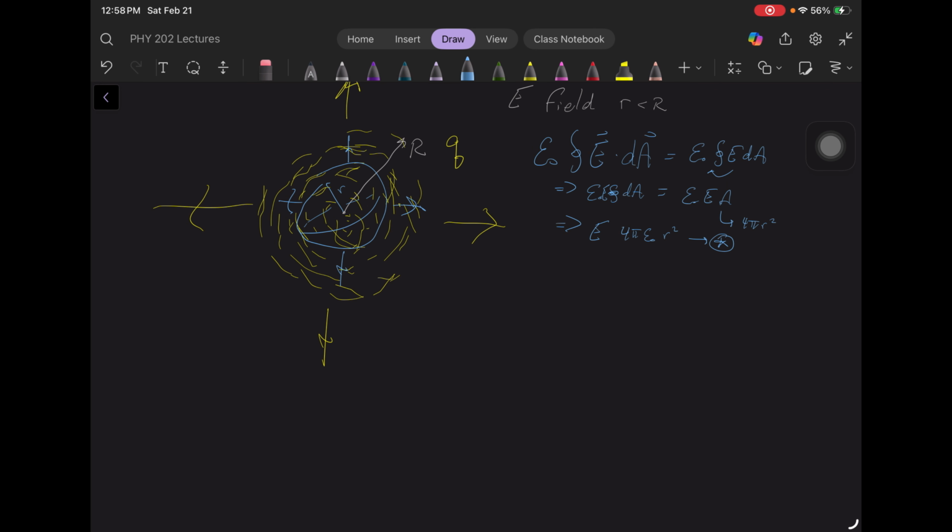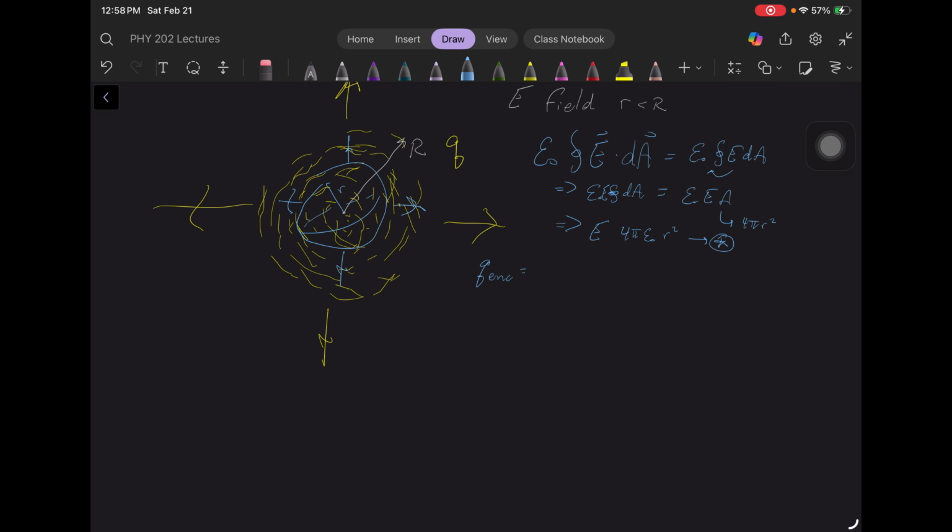Shouldn't be too shocking of a result, right? It should be a little familiar at this point. And so let's find charge enclosed. Well, if it's uniformly distributed, we need to find the fraction of the volume we are occupying with our Gaussian surface, right?